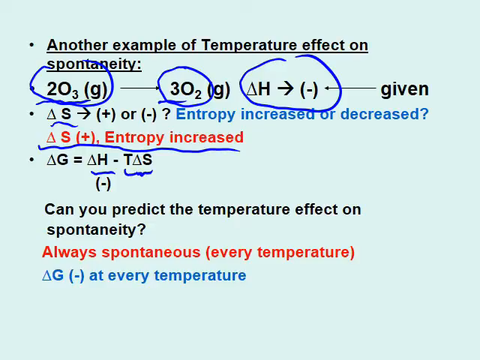The whole thing is positive, which is subtracted. And delta H is negative. That means delta G is going to be negative no matter what value of T we have. So in other words, delta G is always negative for this particular reaction. That means this reaction is going to be spontaneous at every temperature.